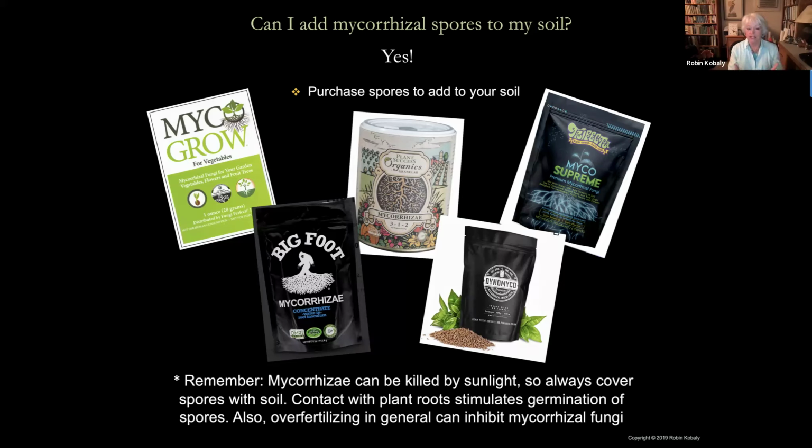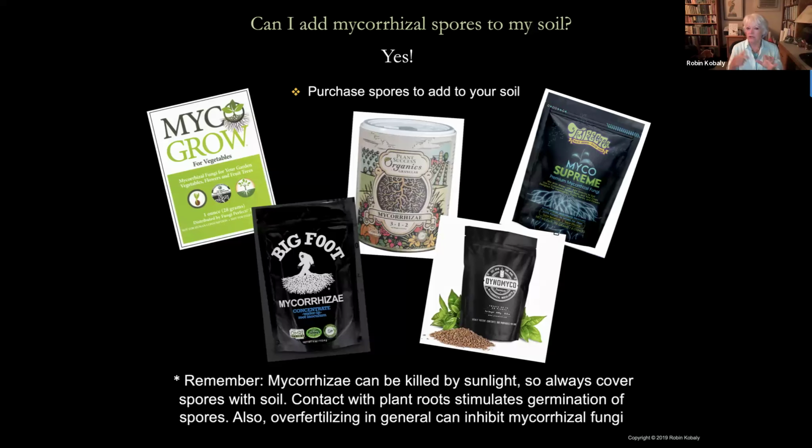But you can try these because these are probably a broad spectrum cast of characters in there, and hopefully there will be some that like yours. And just remember that mycorrhizae can be killed, the spores can be killed by sunlight, so always cover up your spores with soil when you put them on.